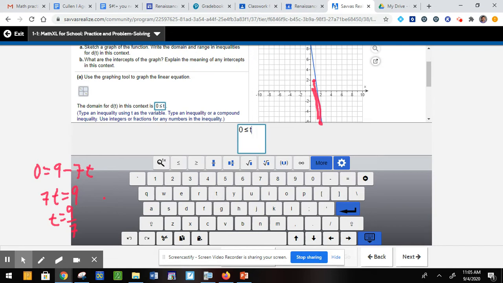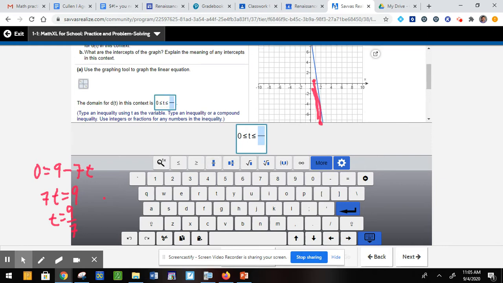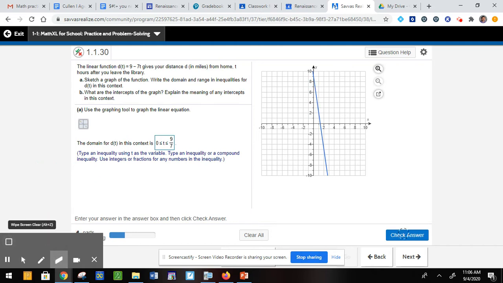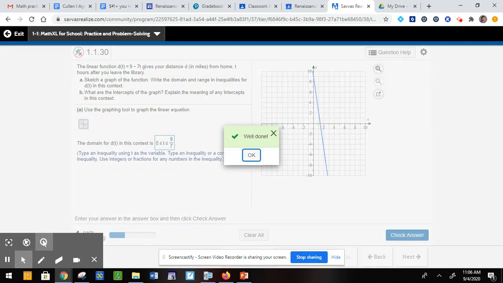Again, the directions are saying to use t as the variable in the compound inequality. And then less than or equal to, it does also say in the directions to use a fraction, not a decimal, in a case where you would need one, so it's going to be 9/7. Let me erase out everything I just wrote. Check my answer. All right, so that part's good.